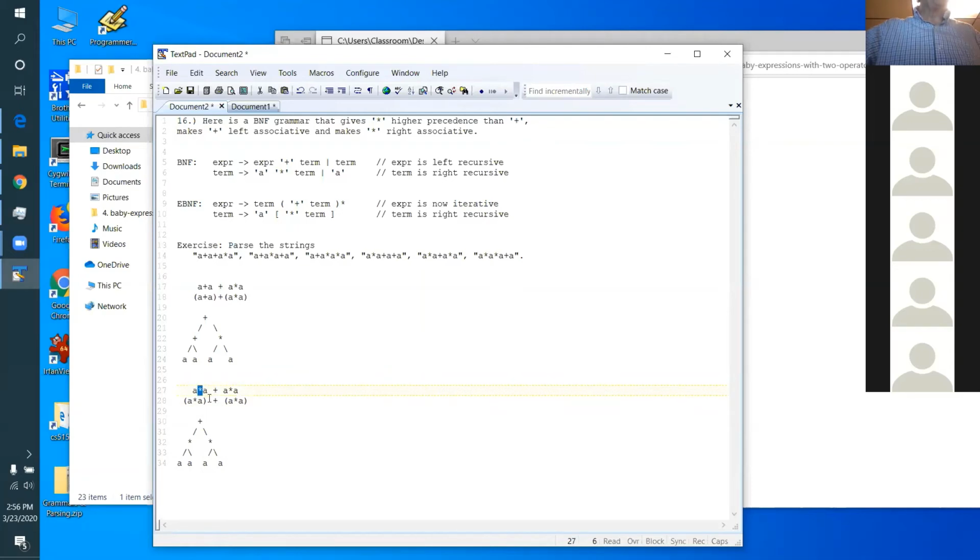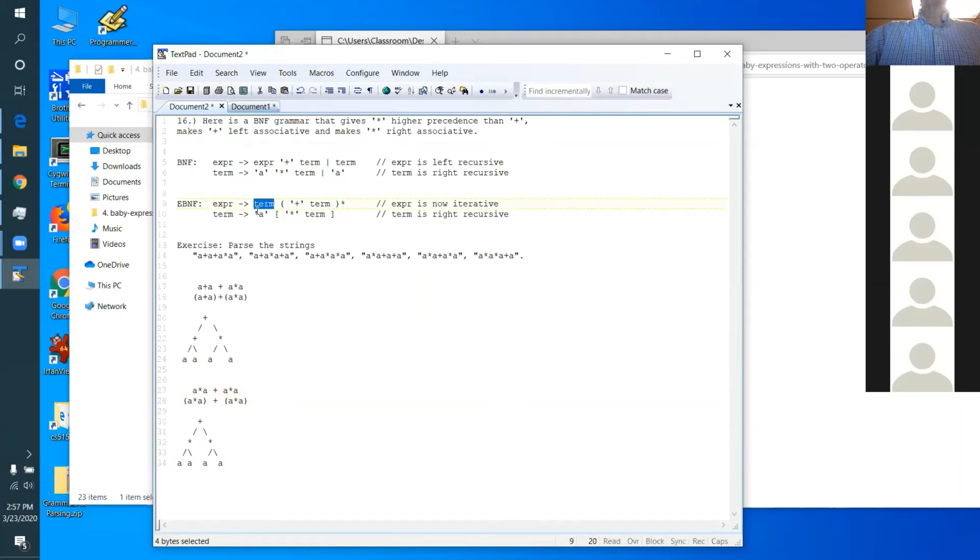So now, is there a term there? And then a term is an A possibly by itself. So this term is an A times a term where this term is just an A. So that parsed this piece here. That means this guy here is that tree right there.